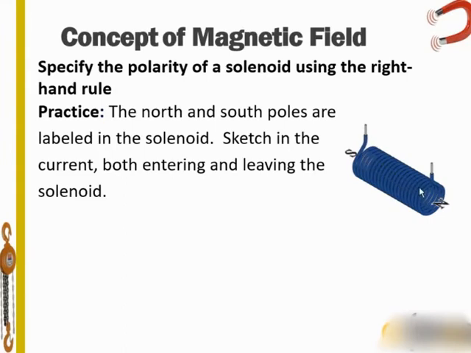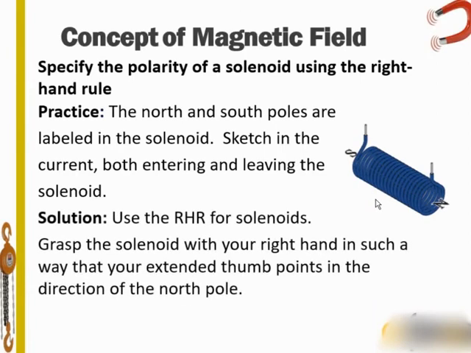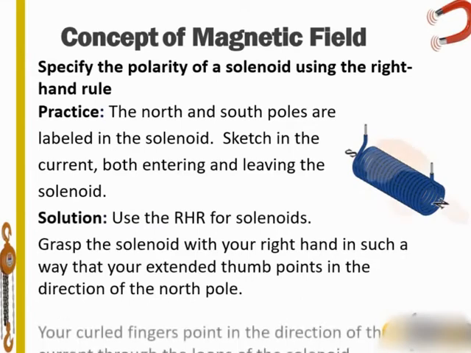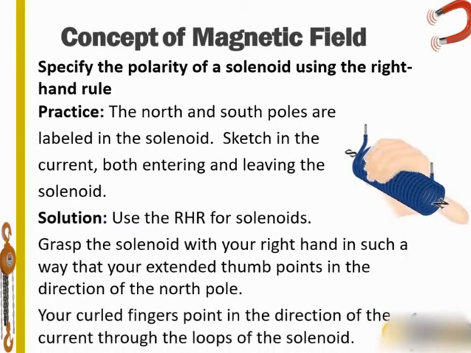Well, quite easily. What you would need to do, again, is to use the right-hand rule for solenoids. Now remember, there is a right-hand rule for straight line wires in terms of current going through a straight line wire. And that's different to the right-hand rule for solenoid, because in this particular case with solenoid, your fingers represent the direction of the current.